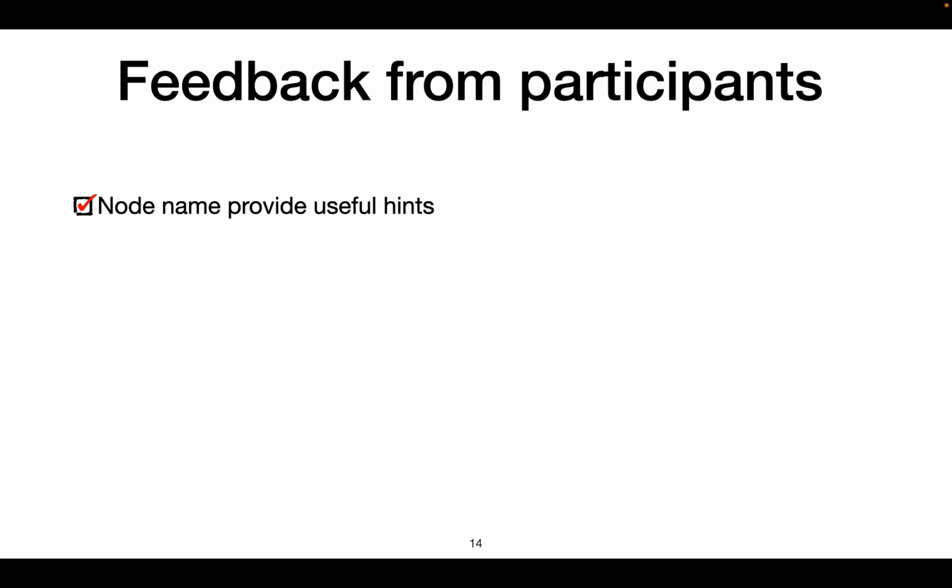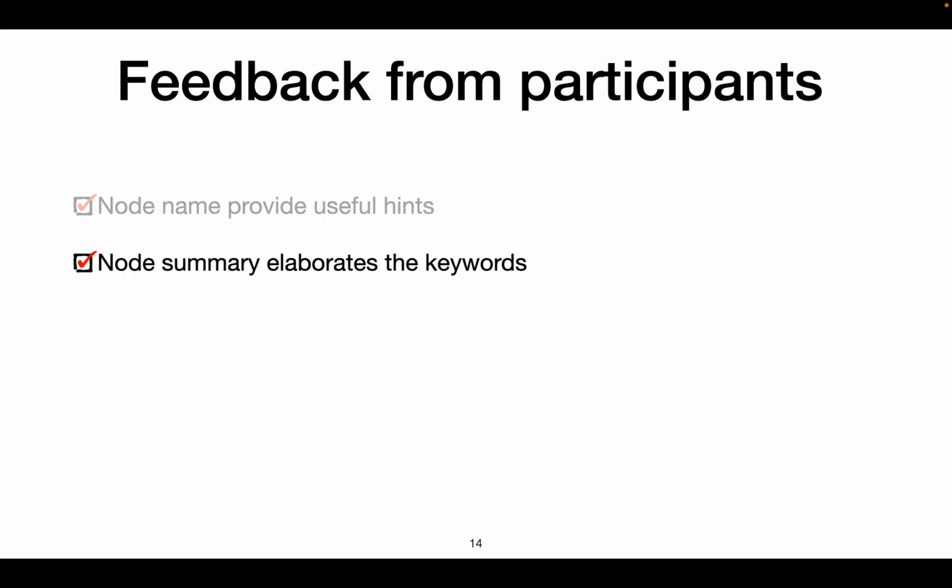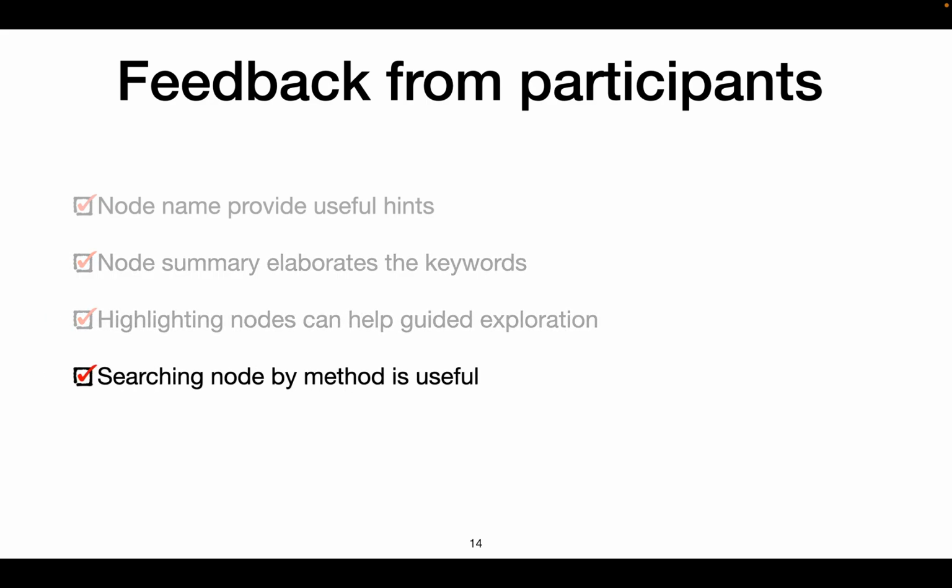We noted their comments and feedback while they were doing the two scenarios, and we found that they were able to relate some high level features of the system from the node names. And when they read the node summary, they were able to get more understanding of what the keywords were hinting at.